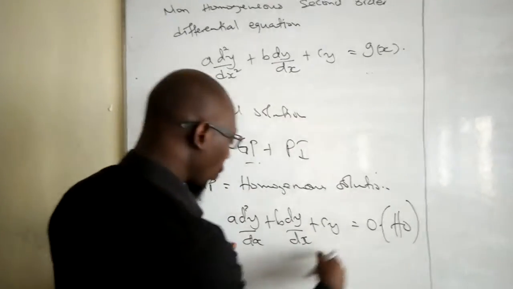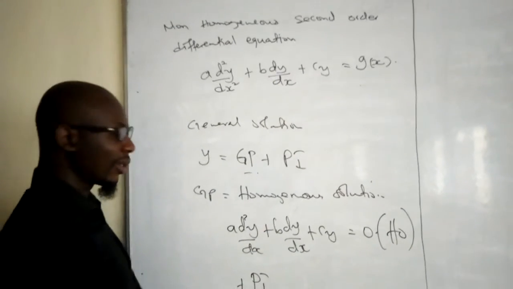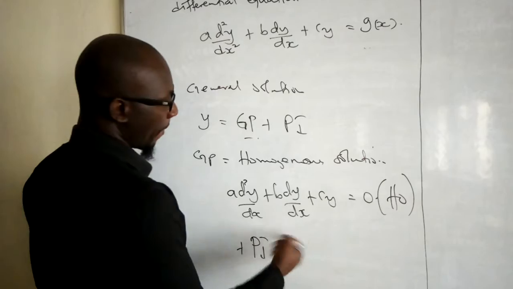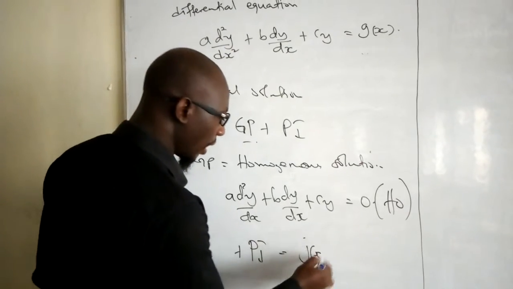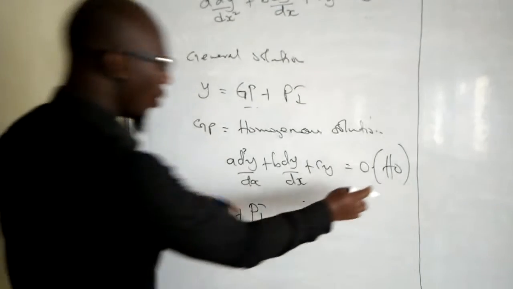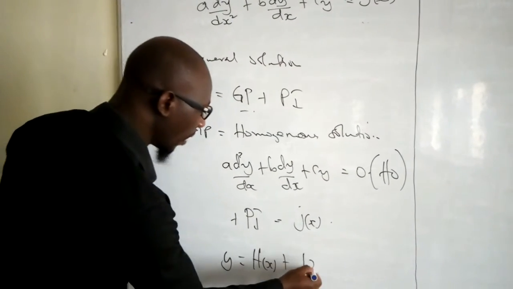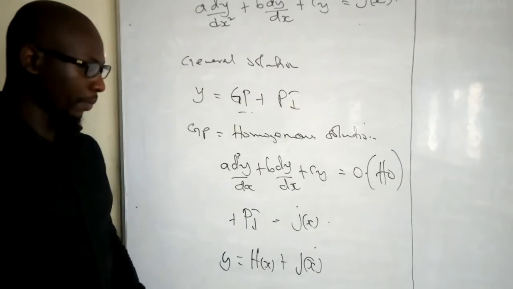After getting this solution, we add the particular solution. Let j of x be the particular solution, such that y is equal to the homogeneous solution h of x plus the particular solution j of x.